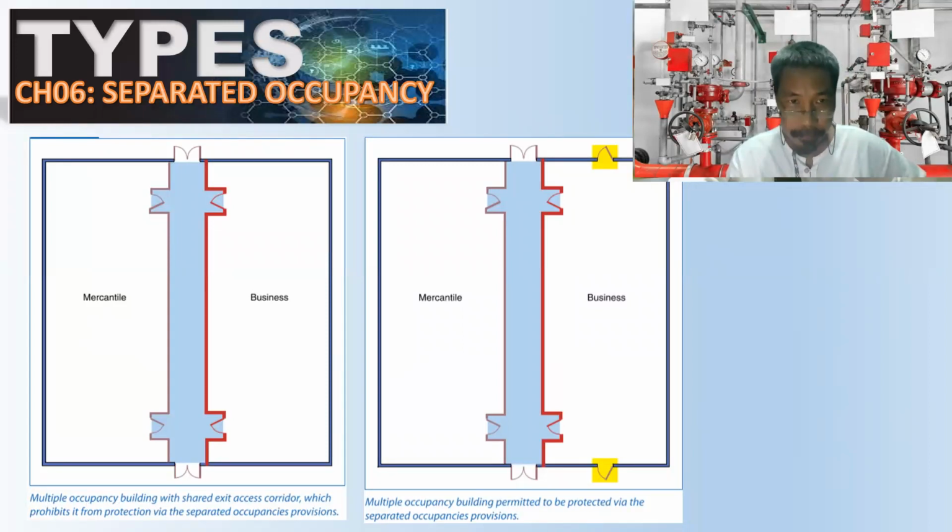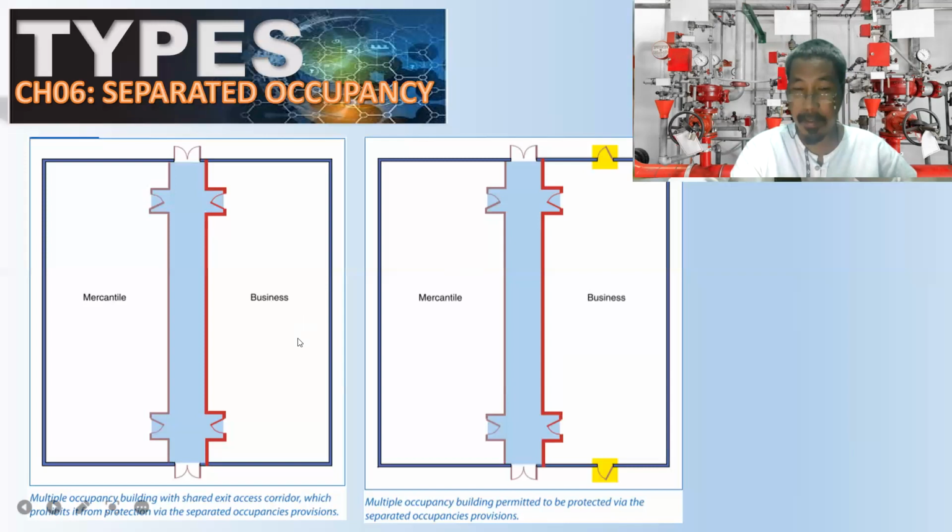As you can see here, between mercantile and business. Okay, so what is the difference of mercantile and business? It will always occur in real and practical application because actually this is the whole business, but those areas which display and sell products are called mercantile area, mercantile occupancy, and those other business functions are called business.